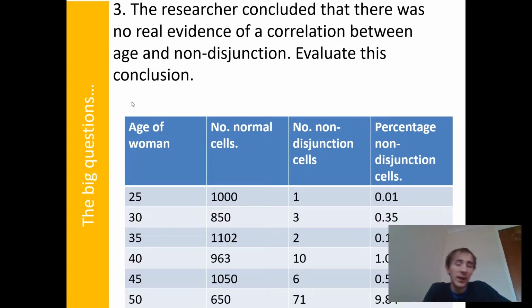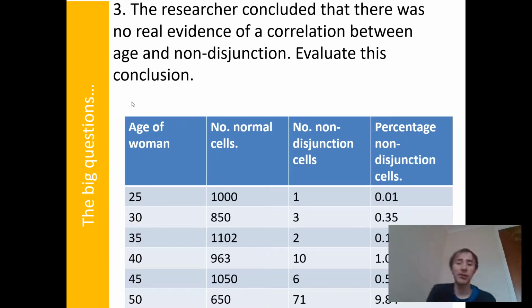And as it turns out, there is a very strong link between the age, particularly of the mother, and the likelihood of this kind of non-disjunction event. So you'll find that for any condition which is caused by non-disjunction, be that Down syndrome, Turner syndrome, or any other, there is an increase in likelihood, particularly over the age of around 45.